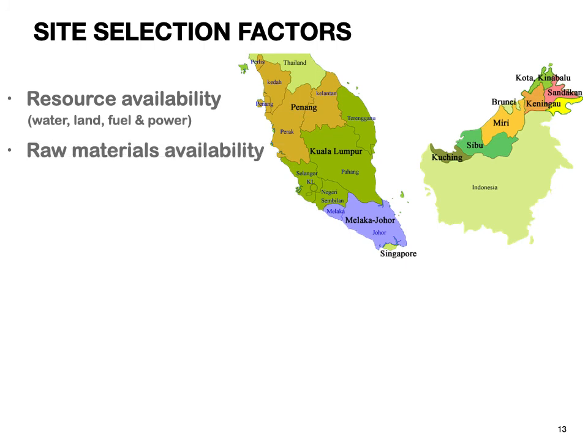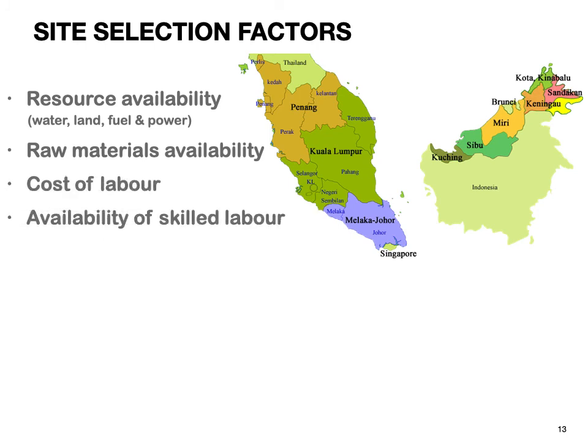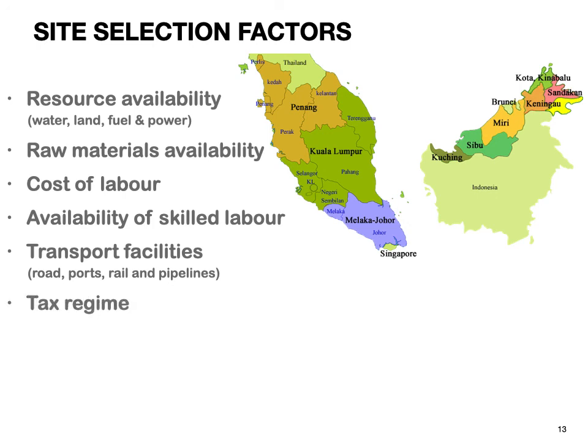Okay, raw materials availability, I believe you have considered this. Cost of labor, okay, availability of skilled labor, transport facilities: road, ports, rail, pipelines. Have you considered this? Okay, I agree if you're ticking raw materials availability, but transport facility, please also consider in this part. Alright, tax regime.